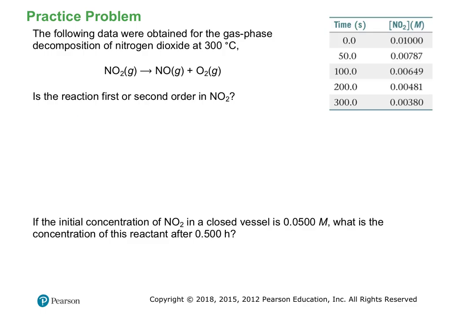I'm going to write down the equation. 1 over the concentration of NO2 equals positive k, which was 0.543, times the time, so kt, plus 1 over my initial concentration. Whoops, not of A, but actually of NO2.